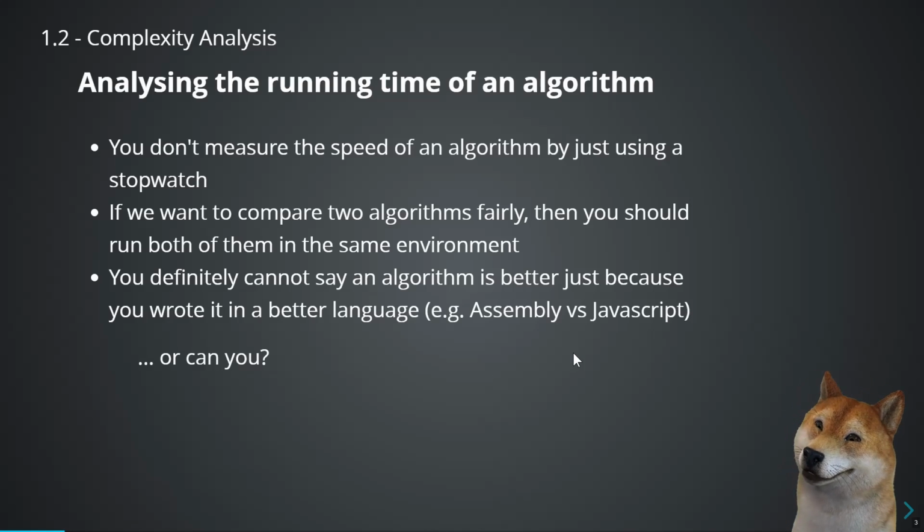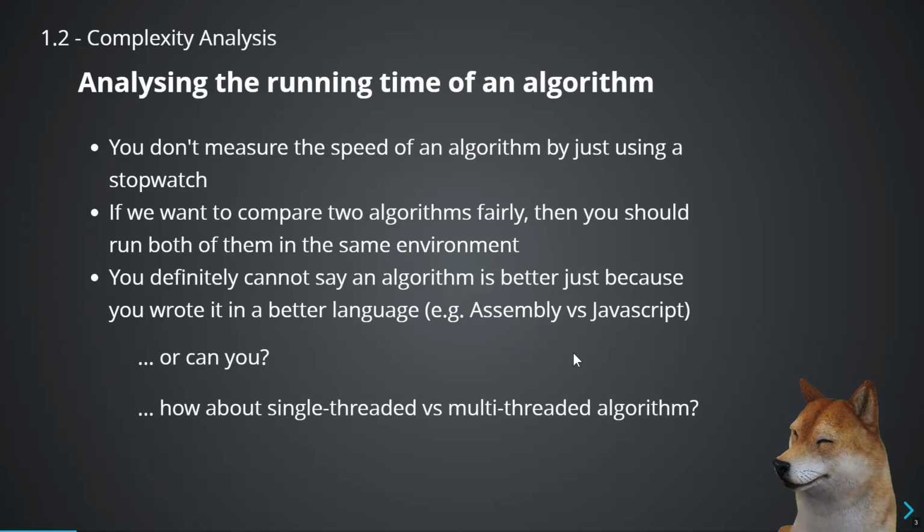What about a single-threaded algorithm versus a multi-threaded algorithm for the same problem? Is the multi-threaded one just a better algorithm?